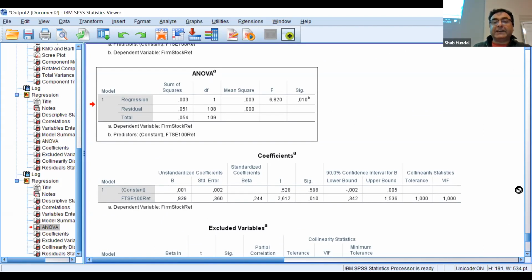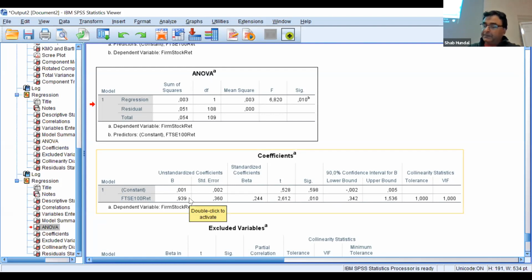Okay, so basically, I need to write it down. I want to show you, remember, how much is the value of your FTSE 100 return? Your beta is plus 0.939, and your T value, which we just take customary, is 2.612. And the significance level is 10%.